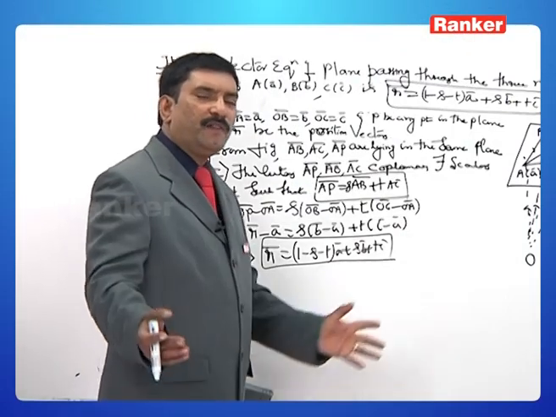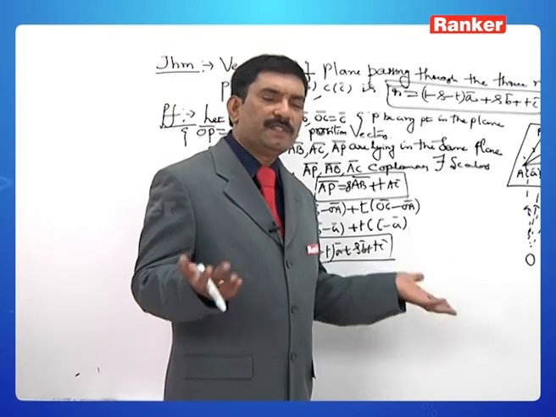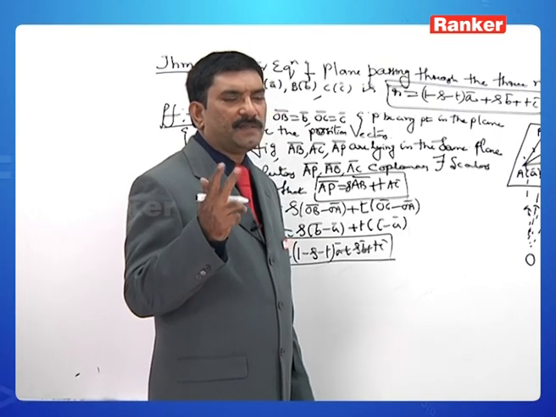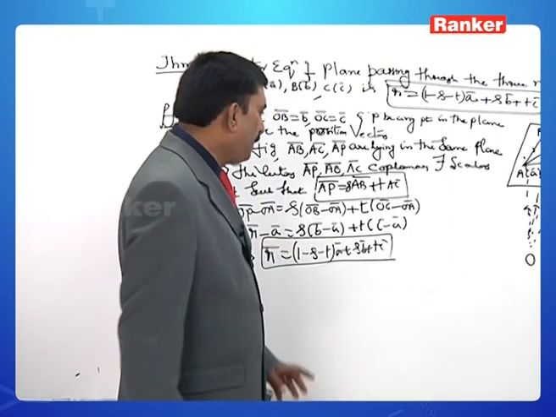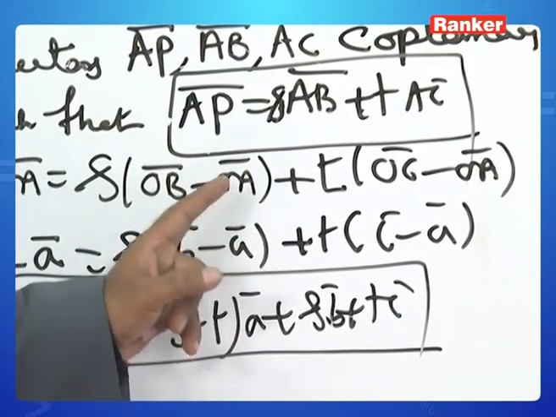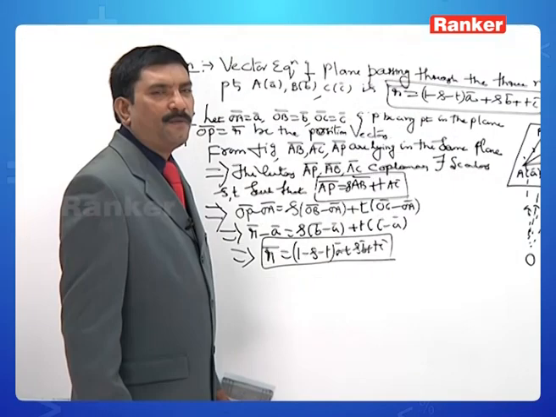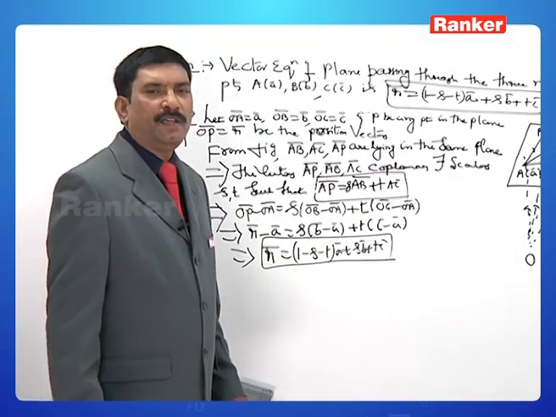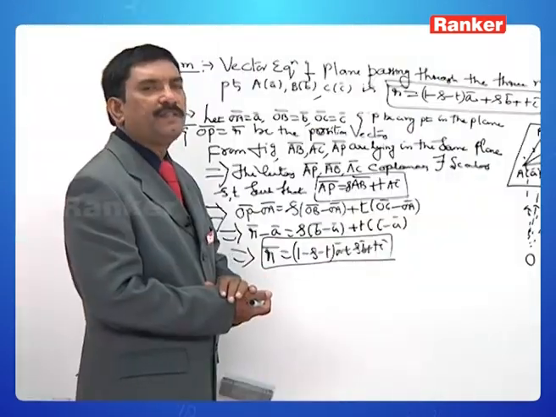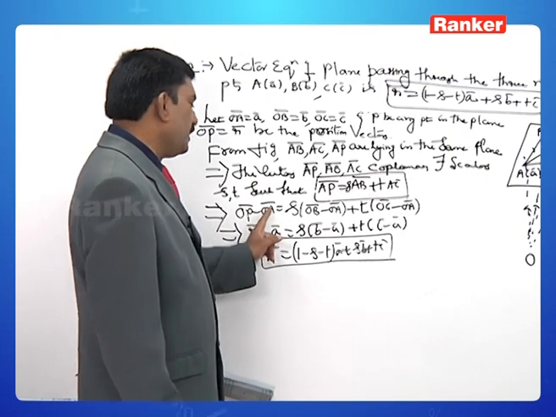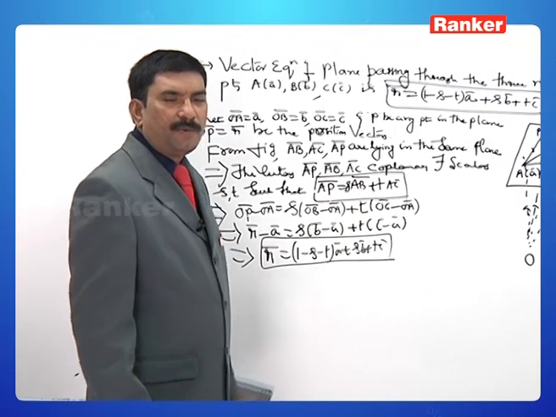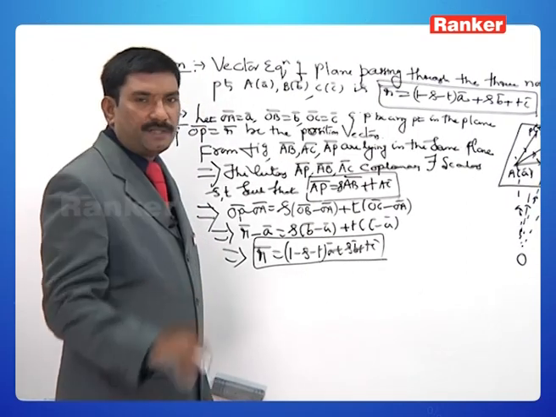When they are coplanar, there exist scalars: for coplanarity, 2 scalars; for collinearity, 1 scalar. Such S, T that one vector can be expressed as a linear combination of the remaining vectors: AP bar is equal to S into AB bar plus T into AC bar. Now, OP minus OA is equal to S into OB minus OA plus T into OC minus OA.